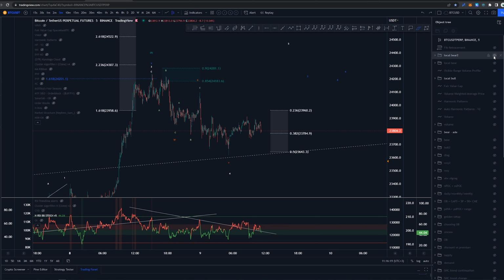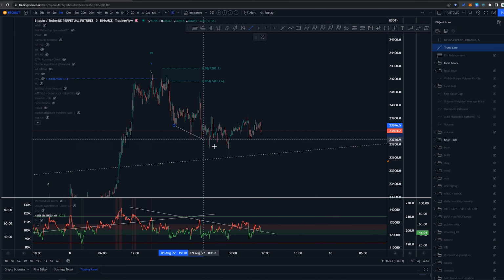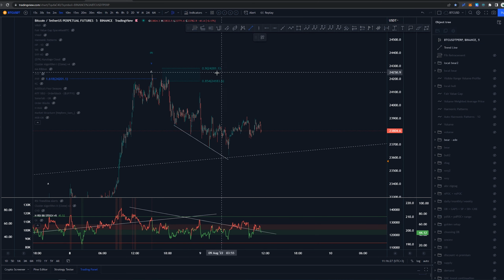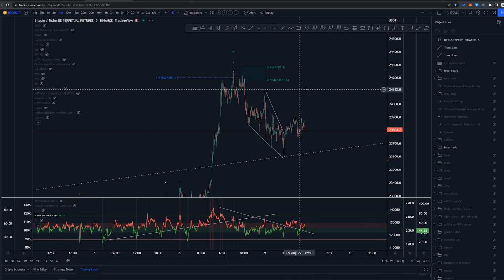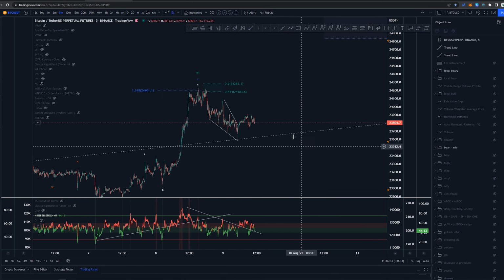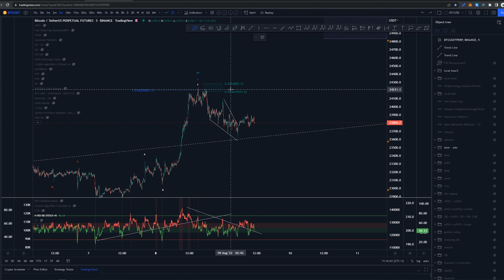So yeah, that is basically the only way we can get this structure to be that motive-based structure downwards, but at the moment it does not really look too good. I'll be waiting on this pullback to happen, if that is going to happen at all.